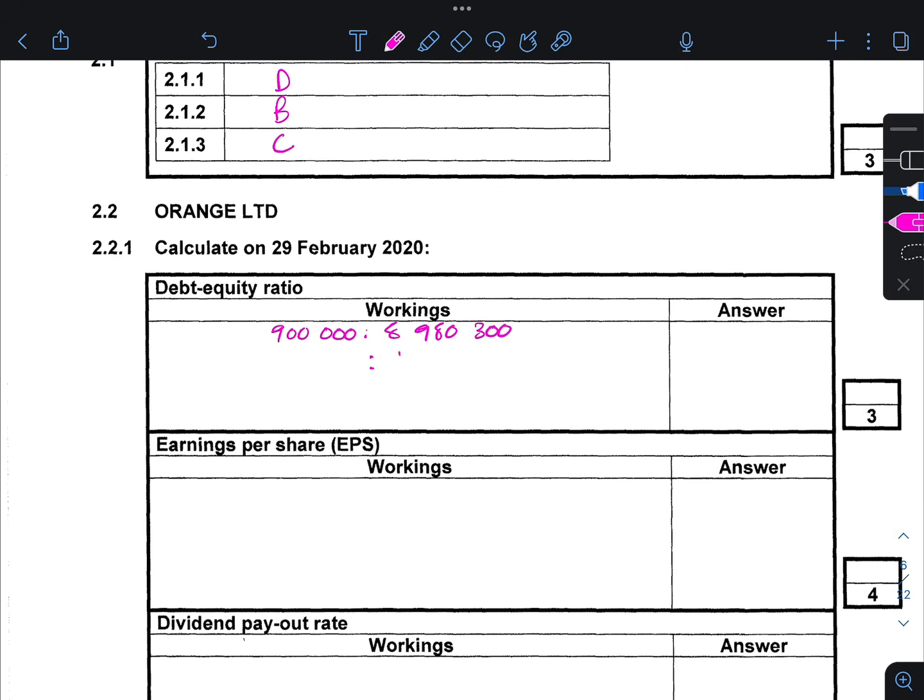Okay, so it's always being 2 to 1, and then you can calculate. So let's quickly get the calculator and see what we get. Divide by 980,300. So I'm getting 0.1. So it's 0.1 is to 1.